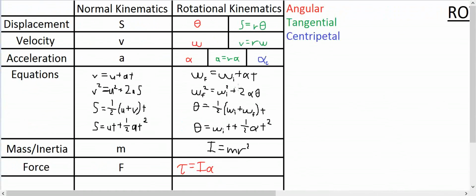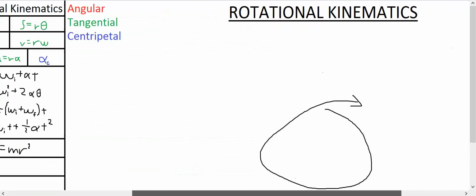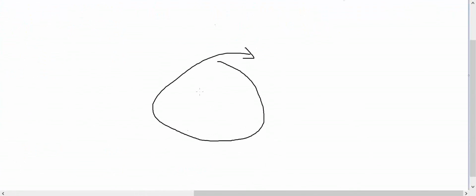If you want to find out how it will affect the angular acceleration, if you're concerned about the angular quantities only, then it's better to use torque, which is moment of force, and moment of inertia.